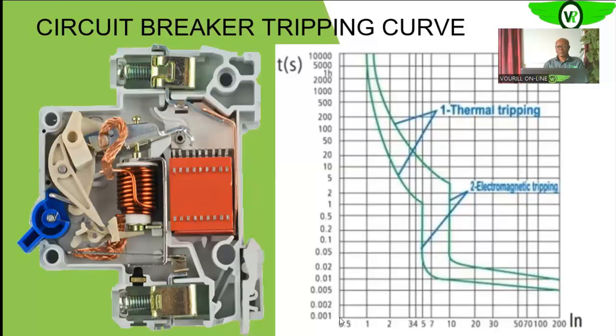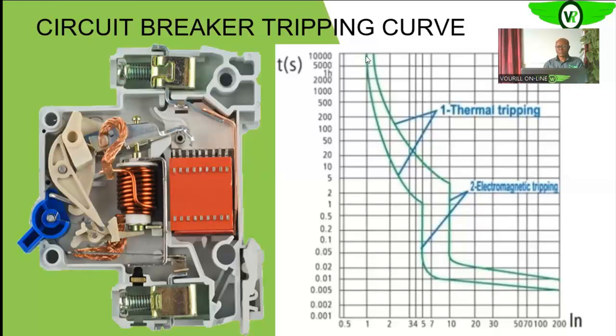So you see that it is between 0.05 to 1. In this region, the circuit breaker will operate infinitely, no tripping at all. But as soon as you are having current on the line that is more than 1 times the rated current, you see that you start having a condition that can cause the tripping of the circuit breaker.